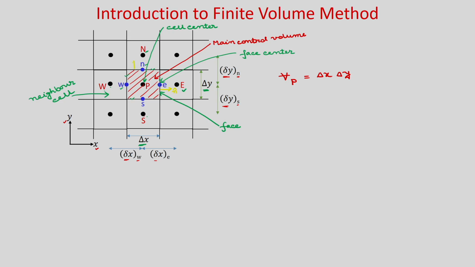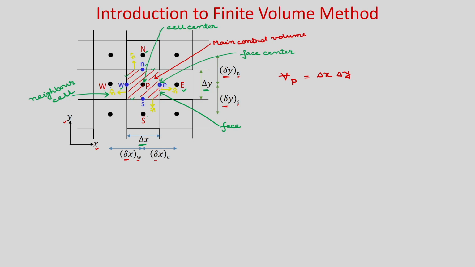So, this is your face normal. You can see this face normal is in the negative x direction and this face normal is in the negative y direction. But always we consider the face normal as outward direction from the main control volume.